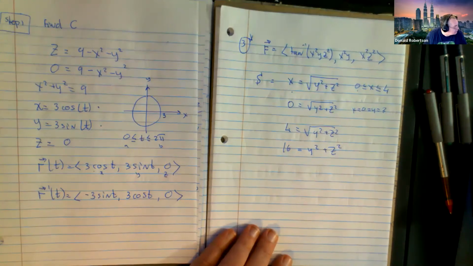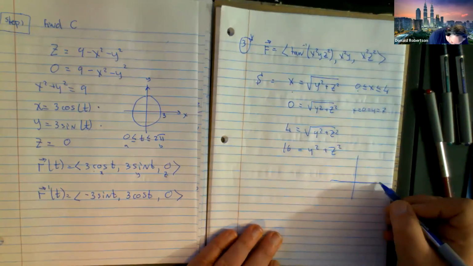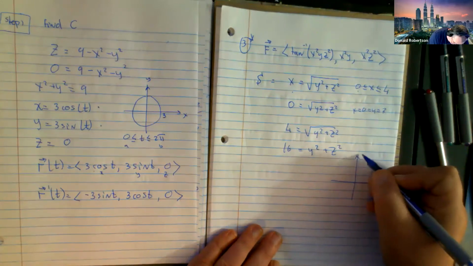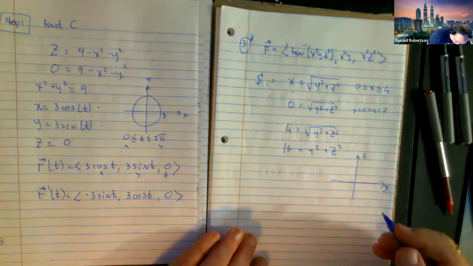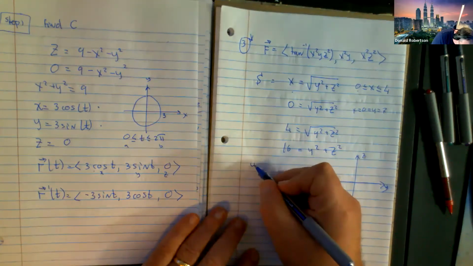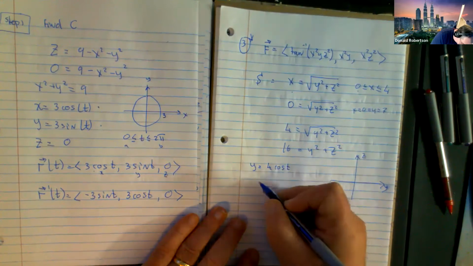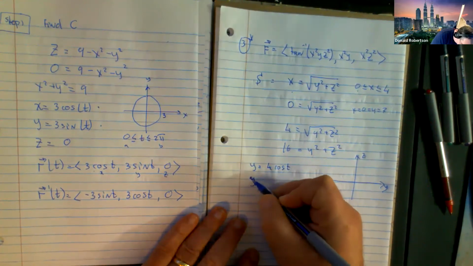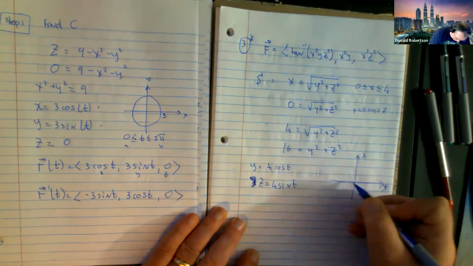Interesting. So that is a circle on the YZ plane instead of the XY plane or any other plane. And that's not going to put me off too much. I'm just going to do y is 4 cosine t, z is 4 sine t. That'll make the circle.